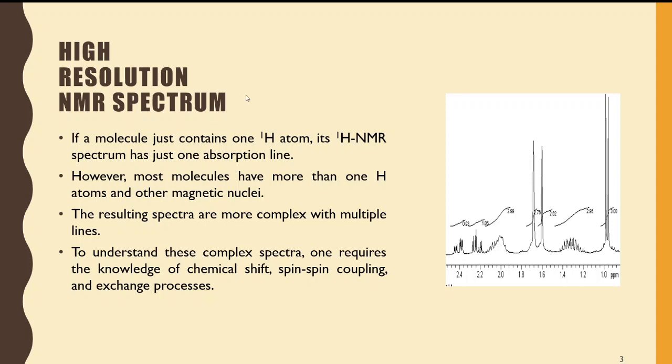Now, this is just hypothetical. If a molecule contains just one hydrogen atom, you can expect that you will only see one absorption line. But of course, molecules do not have just a single atom. For example, a proton has other nuclei as well. So in terms of the NMR spectrum, you can expect it to be much more complex than seeing just one single absorption line.